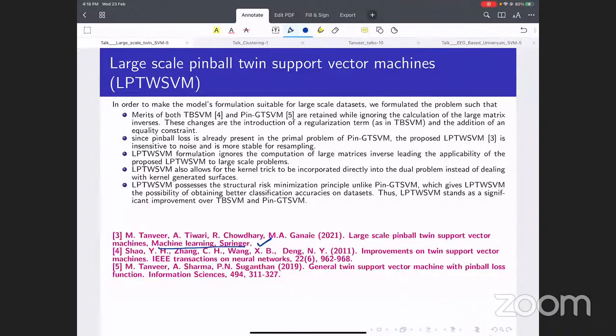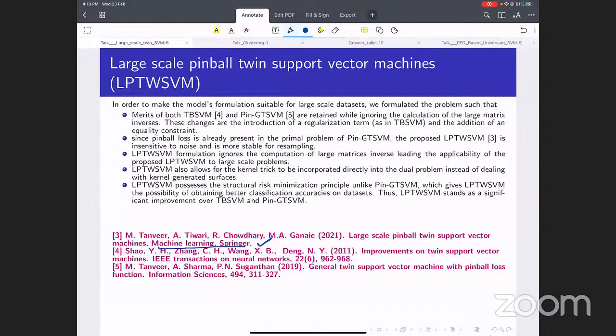So what we did essentially, using the last problem we discussed, we also use the pinball loss functions to address the issue of insensitivity to noise.